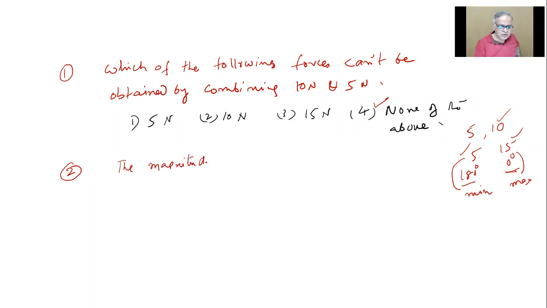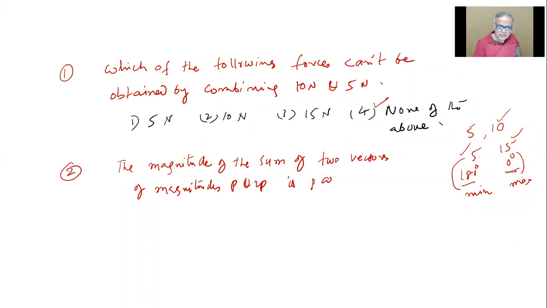The magnitude of the sum of two vectors of magnitudes P and 2P is P again. The angle between them is.